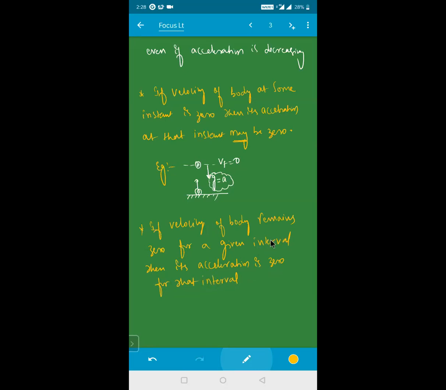If the body is at rest on a straight line in the given interval of time, then obviously the acceleration of the body is zero for that interval.